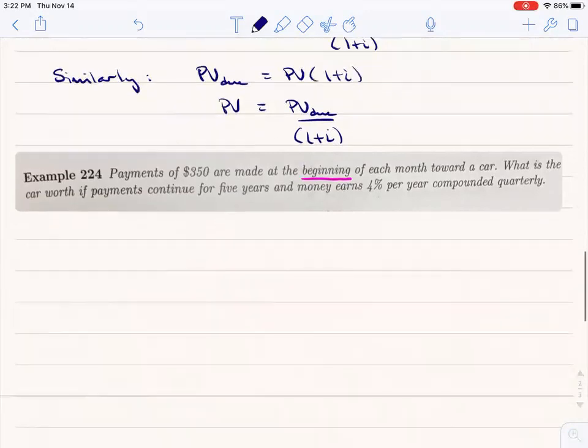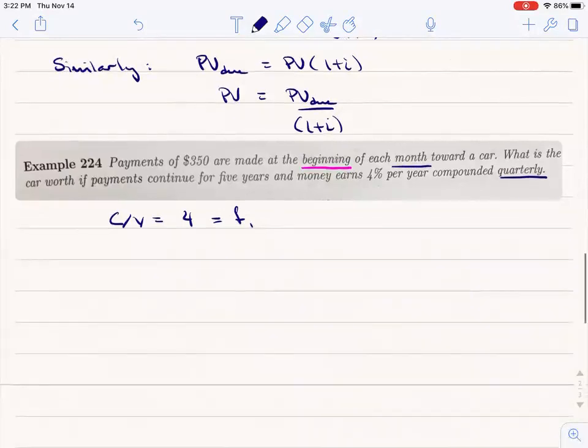And so I've got my compoundings per year, compounded quarterly, so 4. In terms of my formula, right, that's F1. And my payment frequency at the beginning of each month, so my payment frequency is 12, which is going to be our F2.